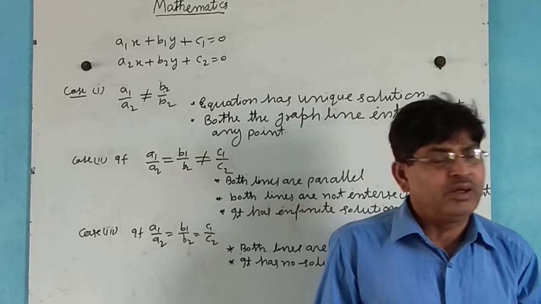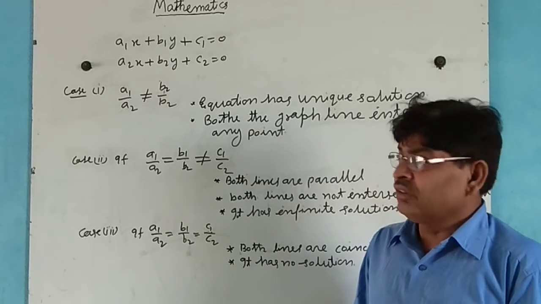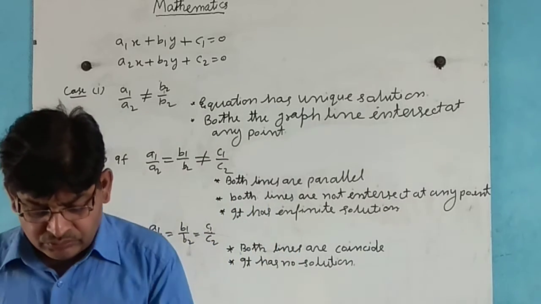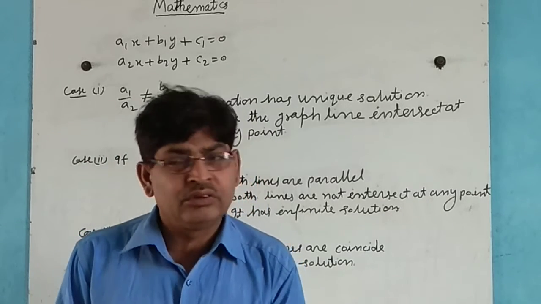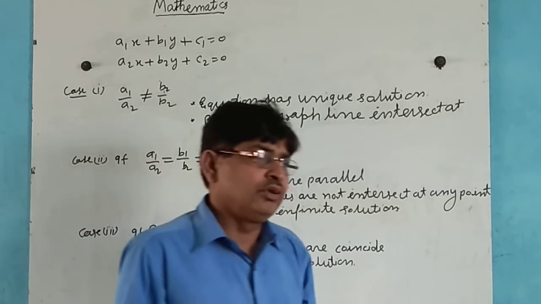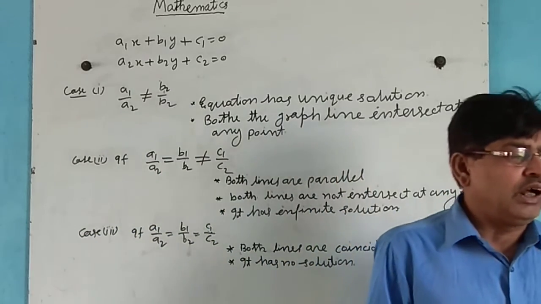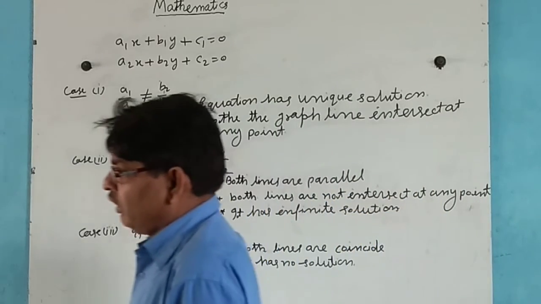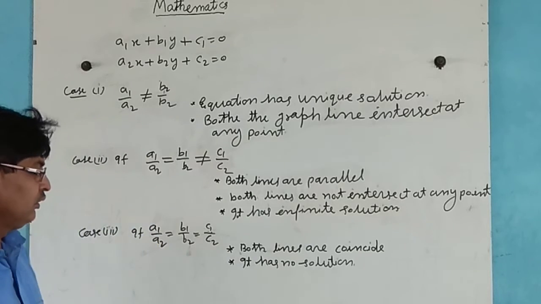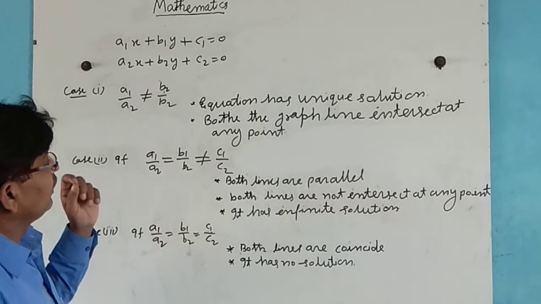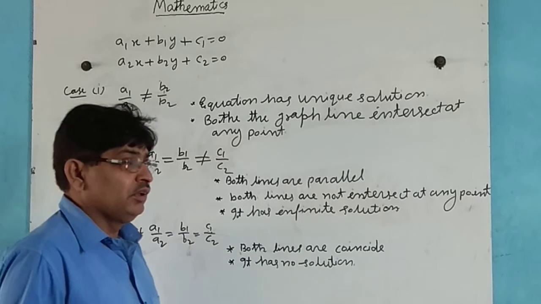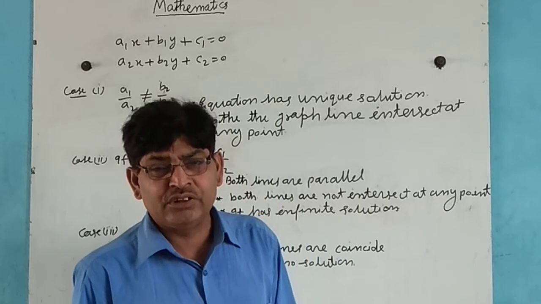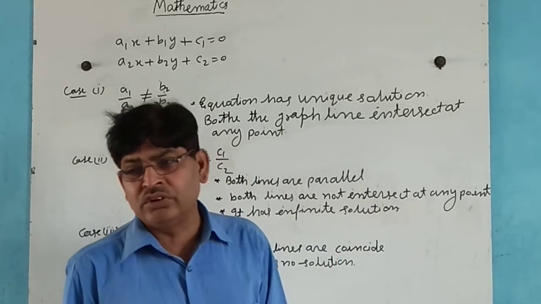Now, first we check whether these equations have a unique solution, no solution, or infinite solutions. Sometimes we start to solve the questions, but at last, if the equations have no solutions, in this case we are unable to solve this because it has no solutions.